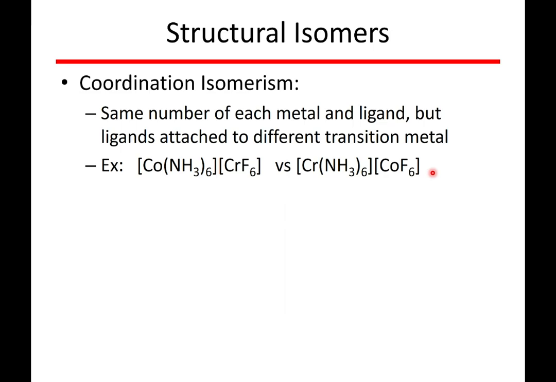And so these two isomers have the exact same formula. It's just that the atoms are arranged differently here. We'll go ahead and draw out the Lewis structures and see that. So in our first isomer, we have as our cation the complex [Co(NH3)6]. So we'll write that out.